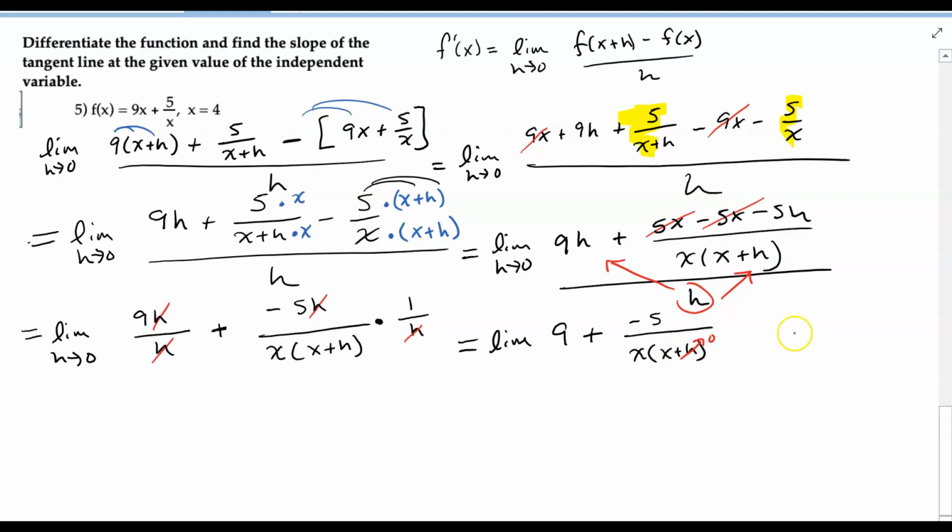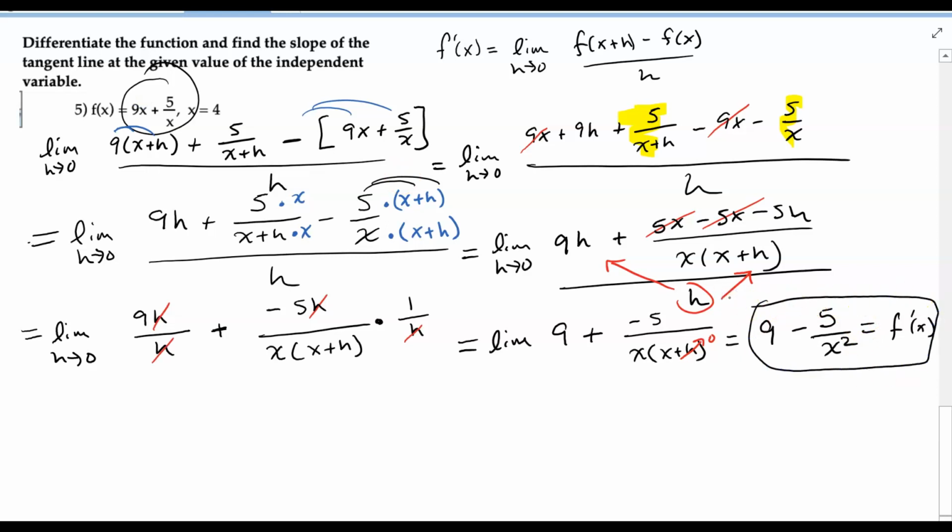So this function actually becomes 9 minus 5 over x squared. And this right here is actually f prime of x. Again, you're going to get so good at some point, you're going to be able to look at this and come up with this. Okay, but you're getting there. Next video, perhaps.